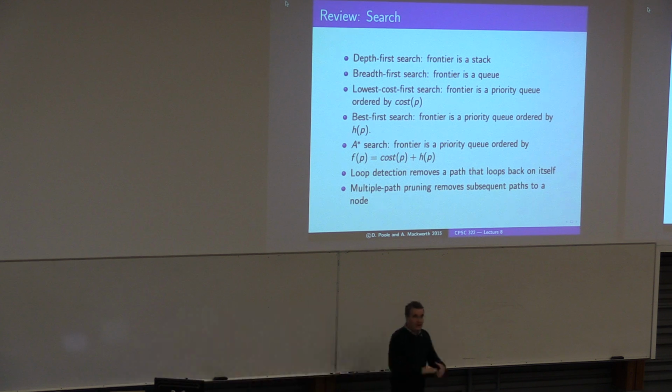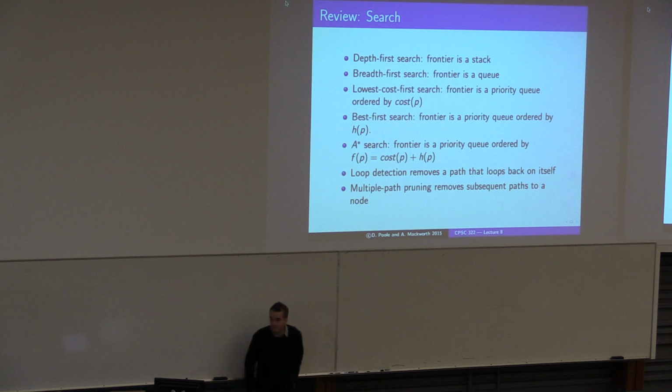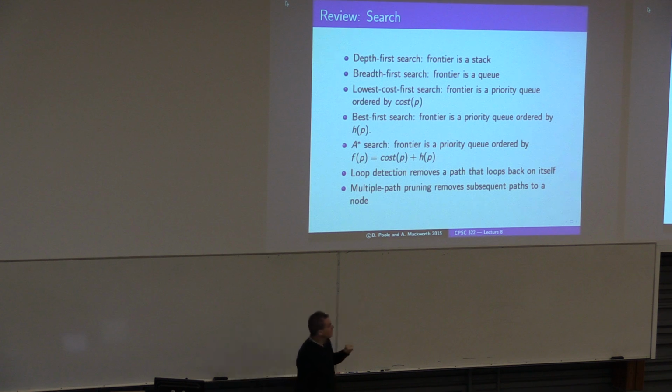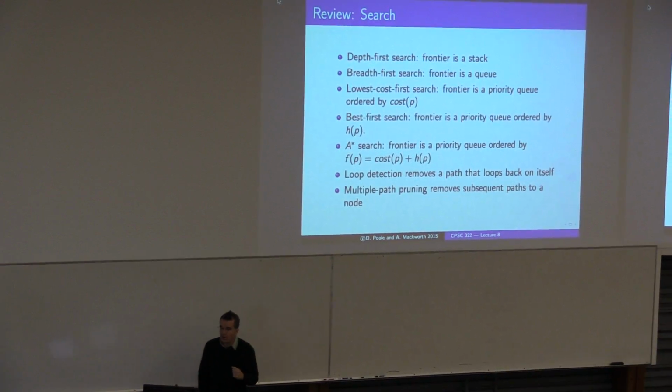So what we've done so far in the search is we've looked at depth first search, breadth first search, lowest cost first, best first, and A star, that all differ in how you select elements from the queue. You can use either a stack or a queue or a priority queue, so how you select elements from the frontier, whether it's a stack, a queue, a priority queue, or what it's a priority queue on.